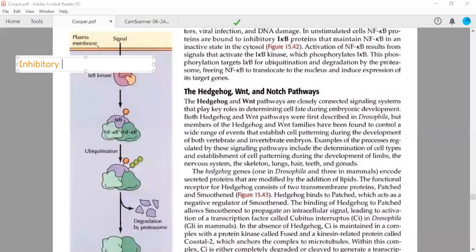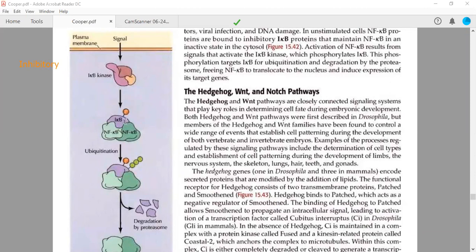So actually this I-kappa B is a kind of inhibitory protein which is interacting with your NF-kappa B. If a signal comes, for example, some viral infection is happening or some DNA damage is there, the signal will lead to the phosphorylation of your inhibitory protein, I-kappa B, which is inhibiting your NF-kappa B complex.